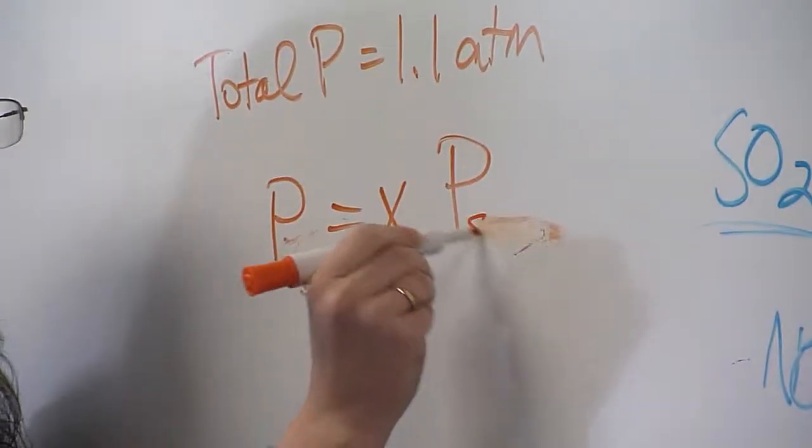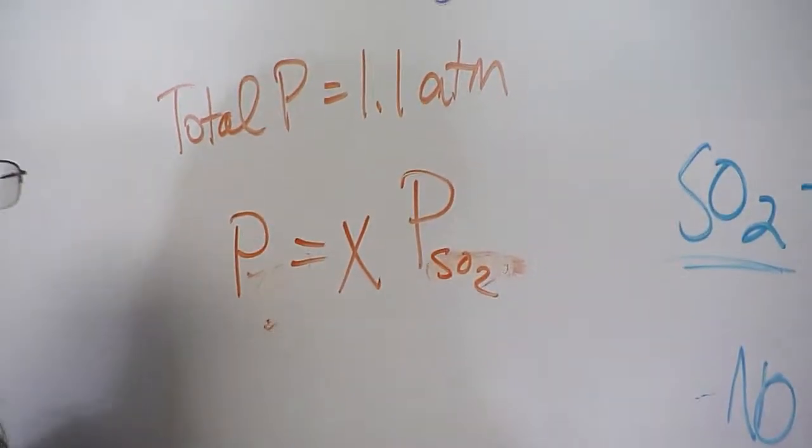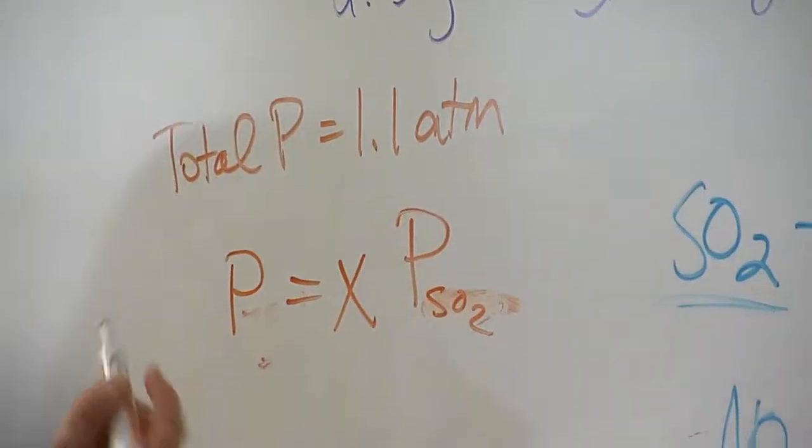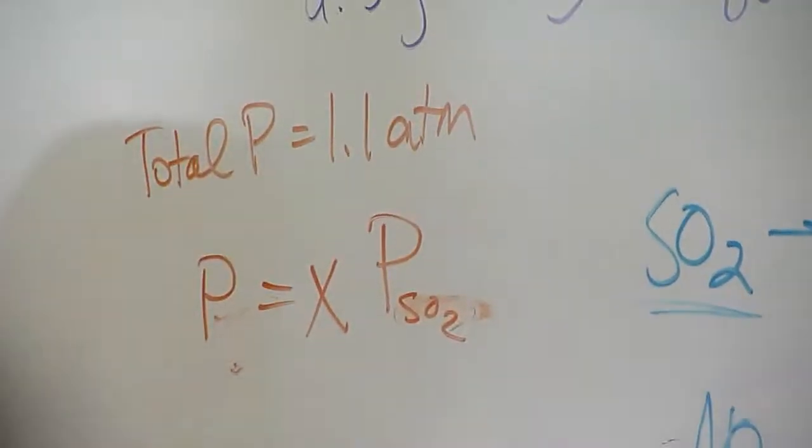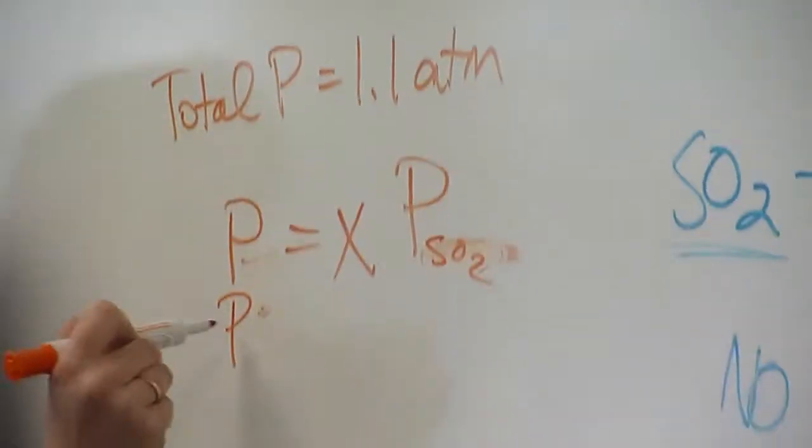I could label it SO2 or NO or SO3. So if you just multiply the mole fraction times the pressure, you get the partial pressure of that gas.